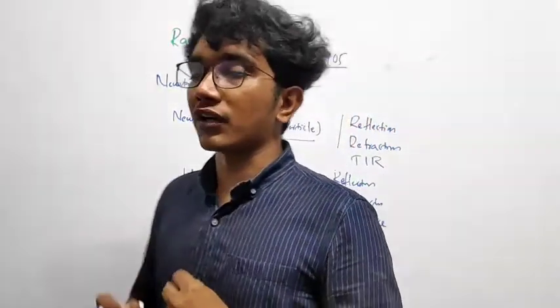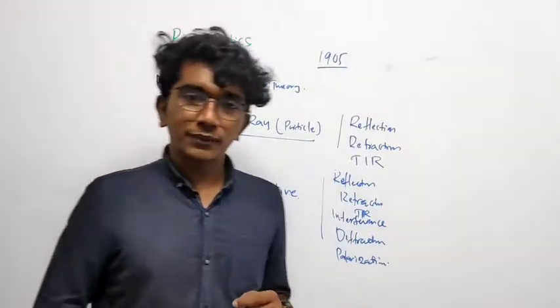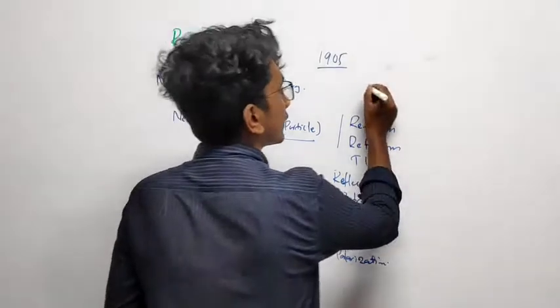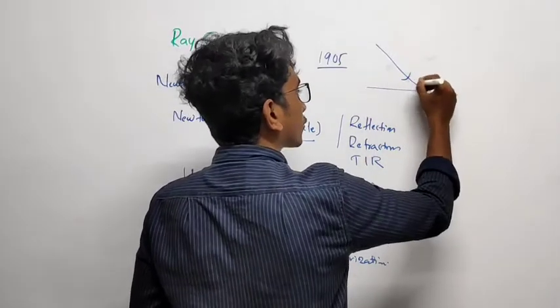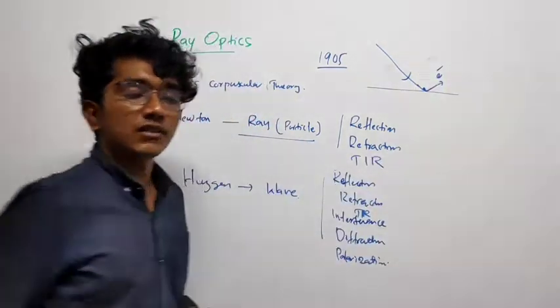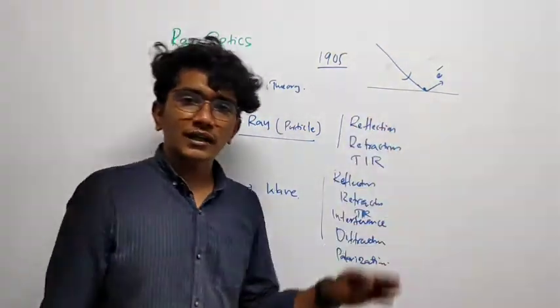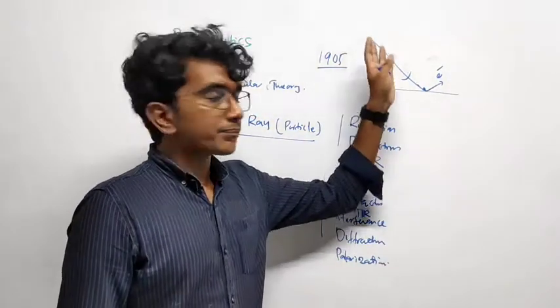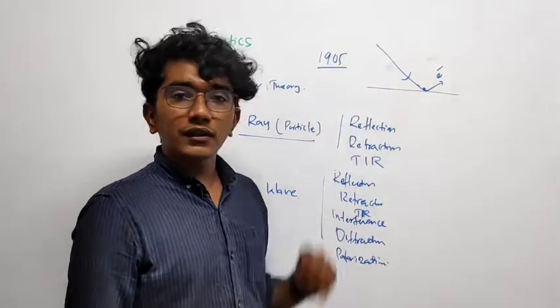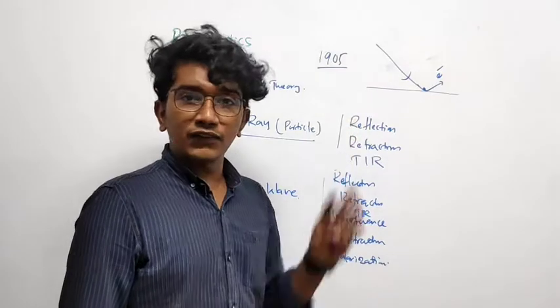You will study it in modern physics, in dual nature of matter and radiation. What is the photoelectric effect? Light, or an electromagnetic wave, is coming and it ejects an electron from the metal surface, or the target surface.